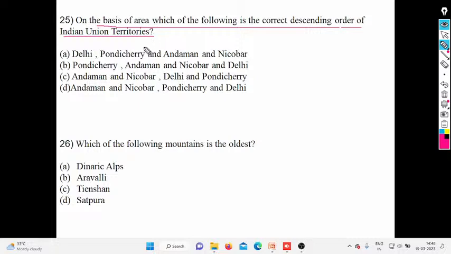Delhi, Pondicherry, Andaman and Nicobar; then Pondicherry, Andaman and Nicobar, and Delhi; Andaman and Nicobar, Delhi and Pondicherry. The correct descending order on the basis of area.